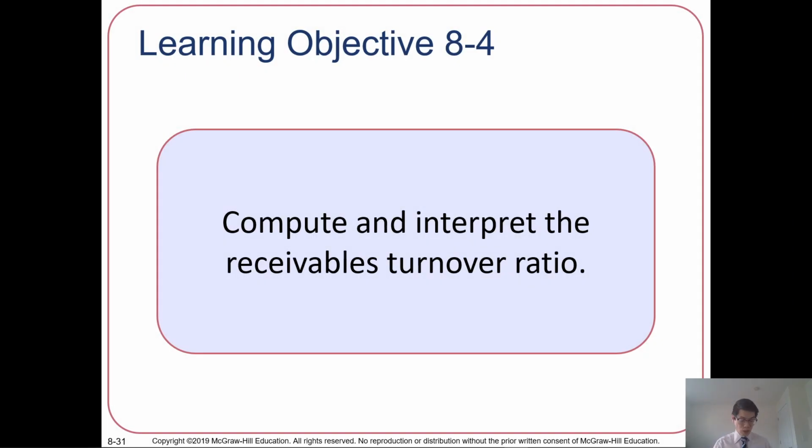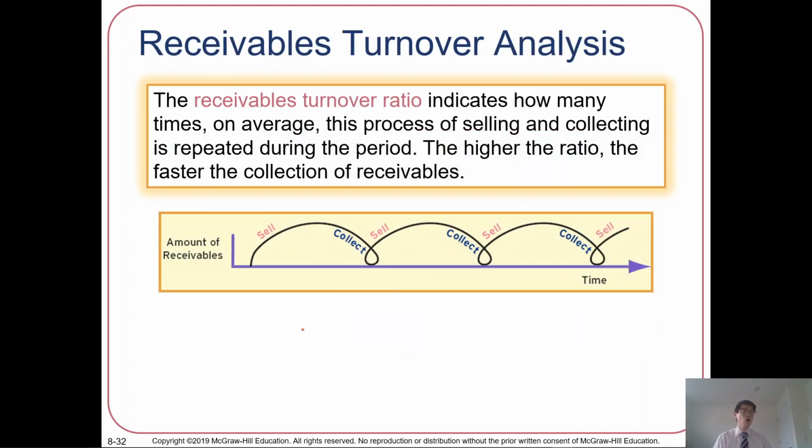Okay. All right, now let's come back to the lecture PowerPoints, which is the very last topic, the receivable turnover ratio. Remember in the inventory chapter we talked about inventory turnover ratio, right? So we want our inventory to turn around quickly. We want to get those inventories in and sell them as fast as we can, right?